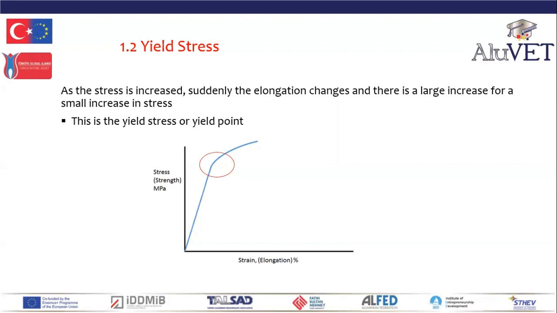Up to this point, the yield point, the yield stress, the metal has behaved elastically. It has been a straight line relationship between stress and strain. Now we've exceeded the yield, it no longer behaves elastically. Beyond this point, the relationship between the applied stress and the measured elongation is no longer linear. It no longer follows a straight line relationship.